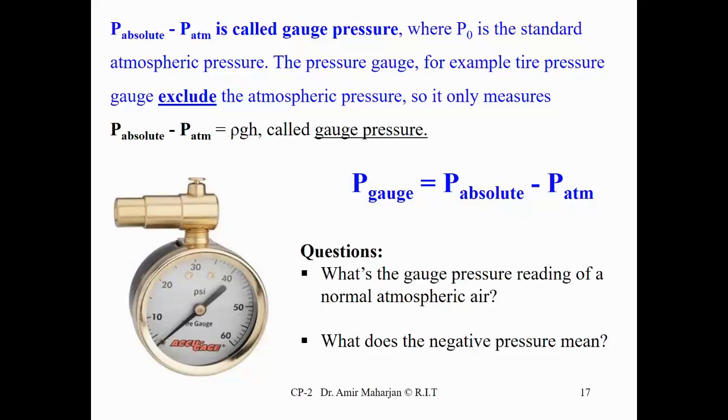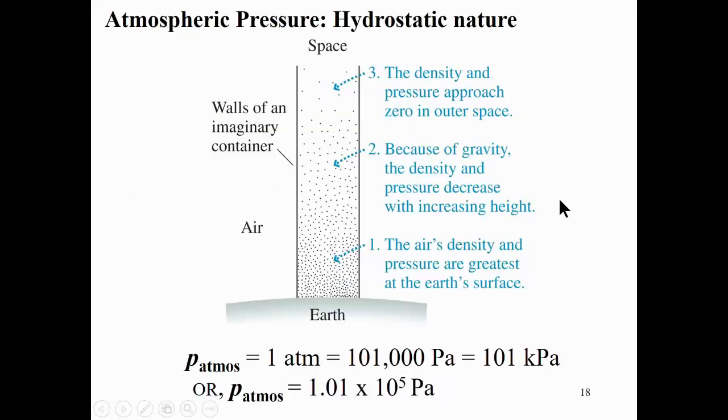We are at the bottom of a gigantic ocean of air, where the fluid is air. So the atmosphere is exerting pressure on everybody, and so how do you find the gauge pressure? Gauge pressure is absolute pressure minus atmospheric pressure. Even if this is gas or air, the atmospheric pressure has the origin of hydrostatic pressure, not due to collision, because we're at the bottom of an ocean of air molecules.